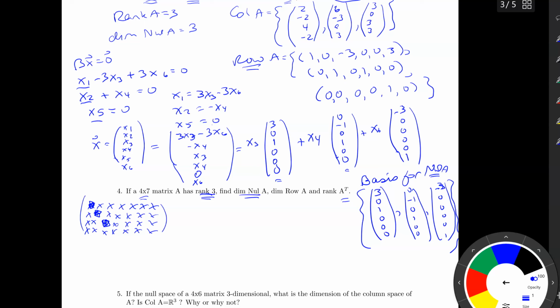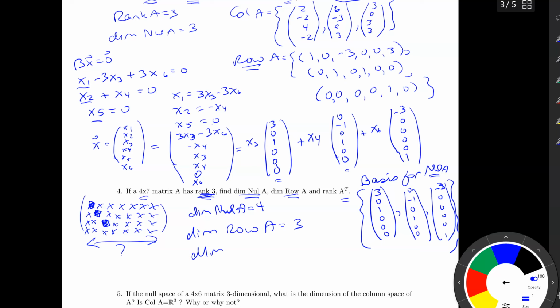So what's the dimension of null A? Since there's 7 variables total and there's 3 basic variables, the dimension of null A will be the number of free variables. So that will be 4, because 4 plus 3 is 7. The dimension of row A is always the same as the rank. So that's going to be 3.